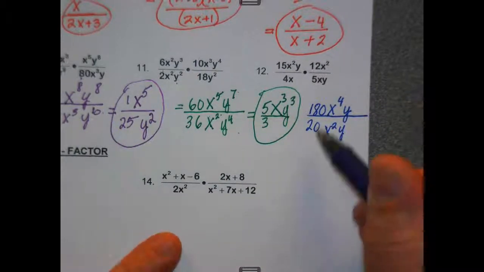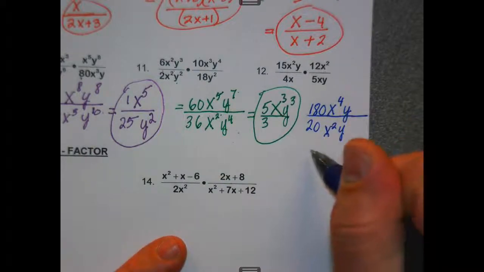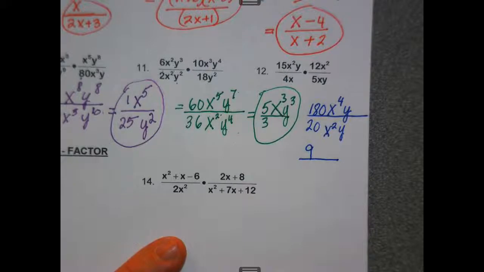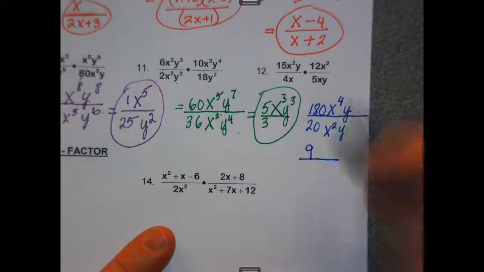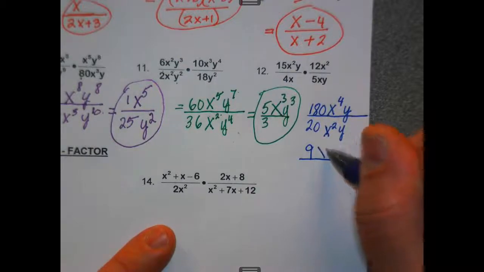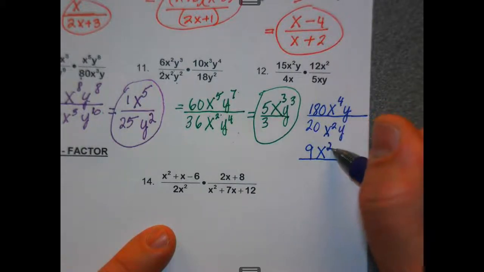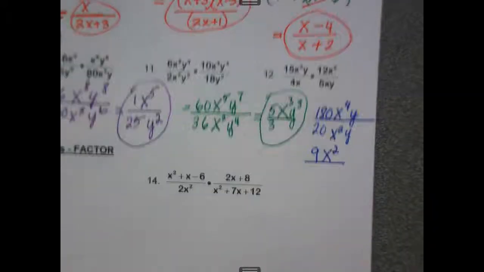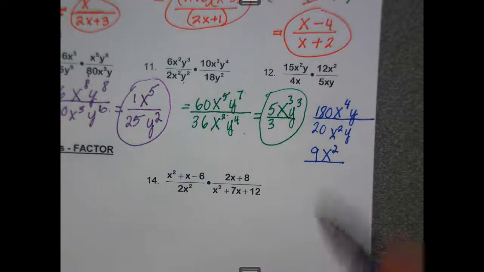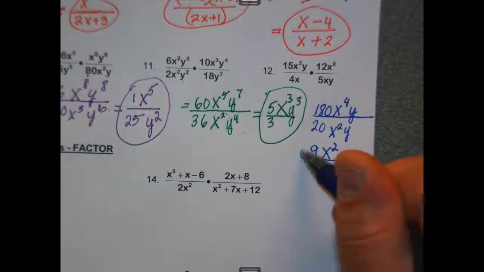Okay. 180 divided by 20 is actually 9/1. I'm sorry, by 20. X's stay on top. 4 minus 2 is 2. And actually, my y's cancel. So that's my answer, 9x squared.